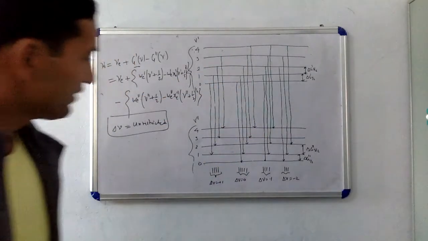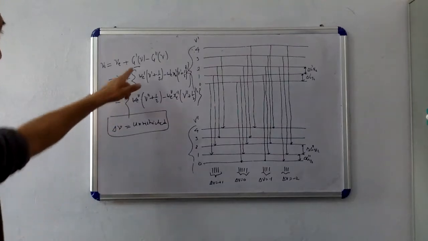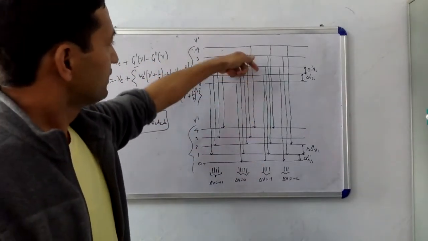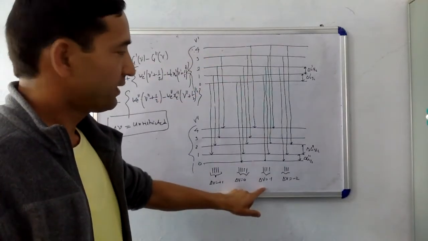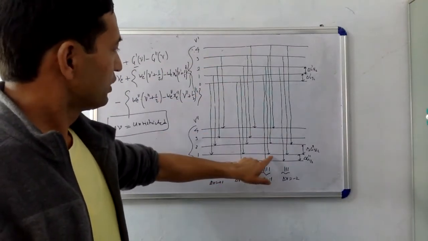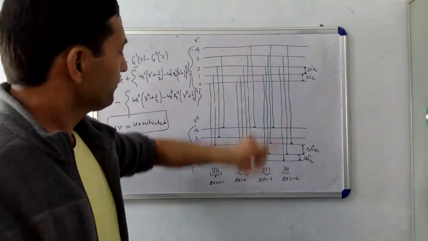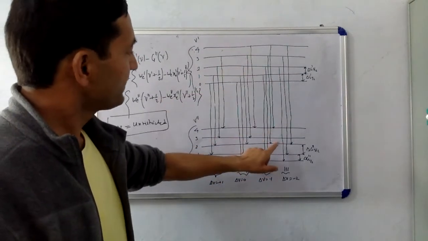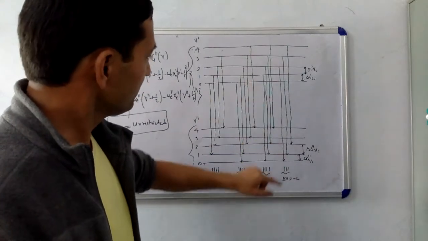And if Δν is equal to -1, as I said, this may be higher and lower, then you have 1 to 0, then 3 to 2, 2 to 3.